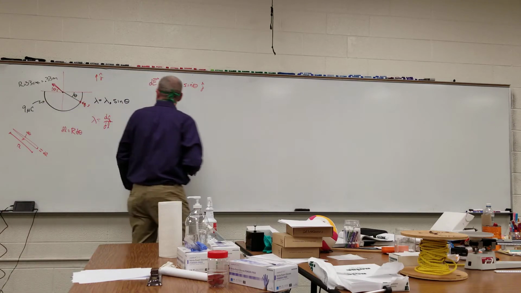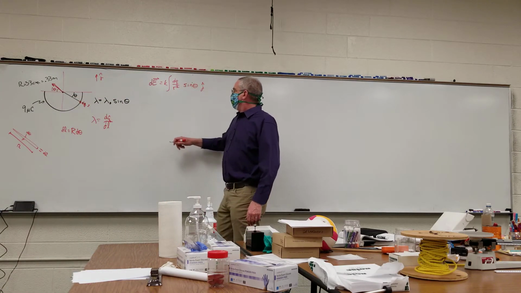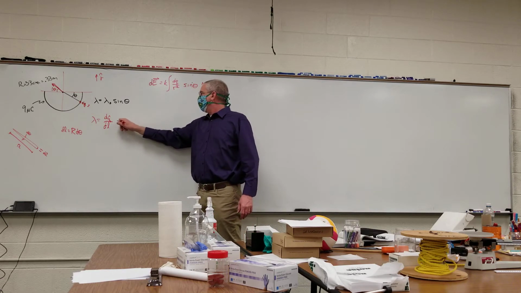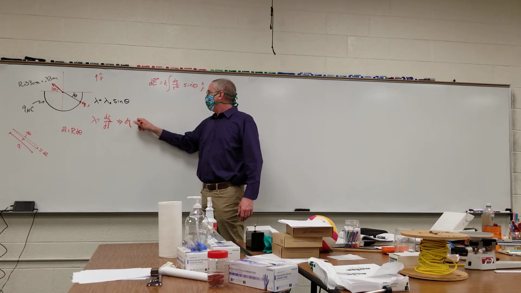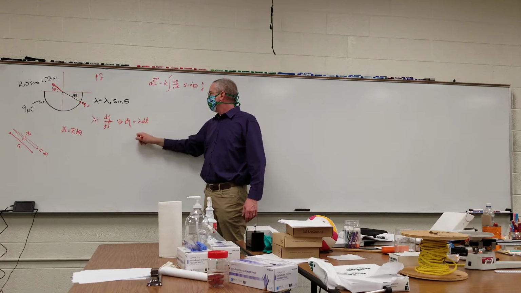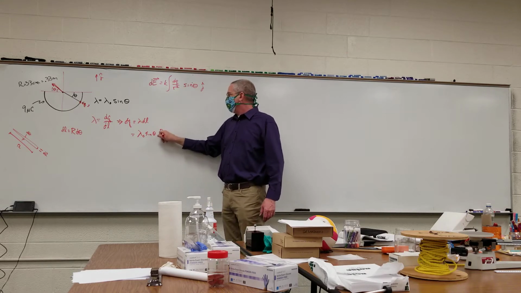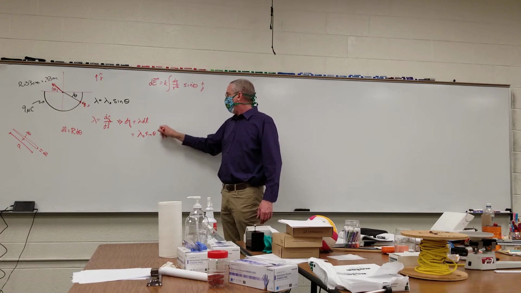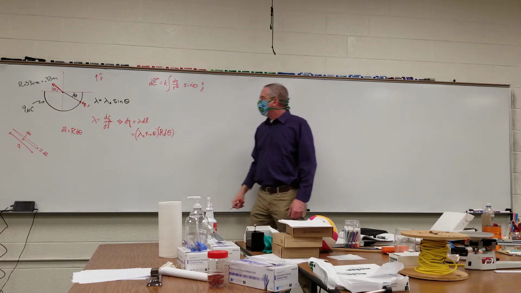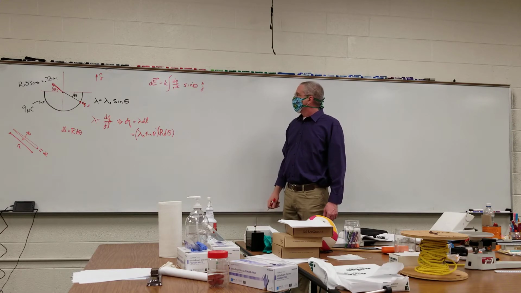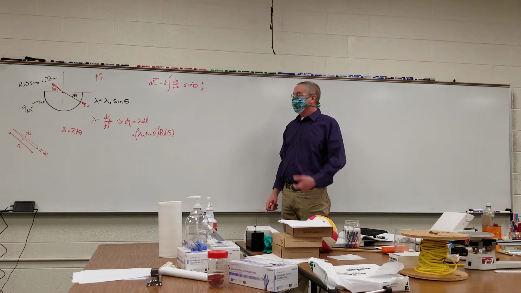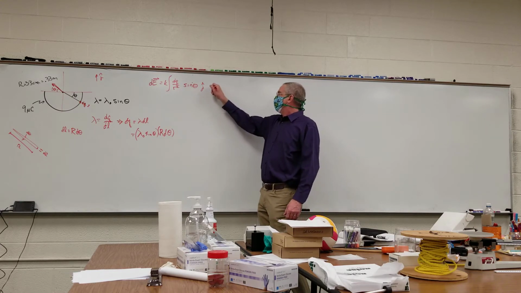And so let's put the pieces together. Therefore dq is equal to lambda dl. Lambda is equal to some constant times the sine of theta. dl is equal to r d theta. My radius is constant, so I can chug a little bit.